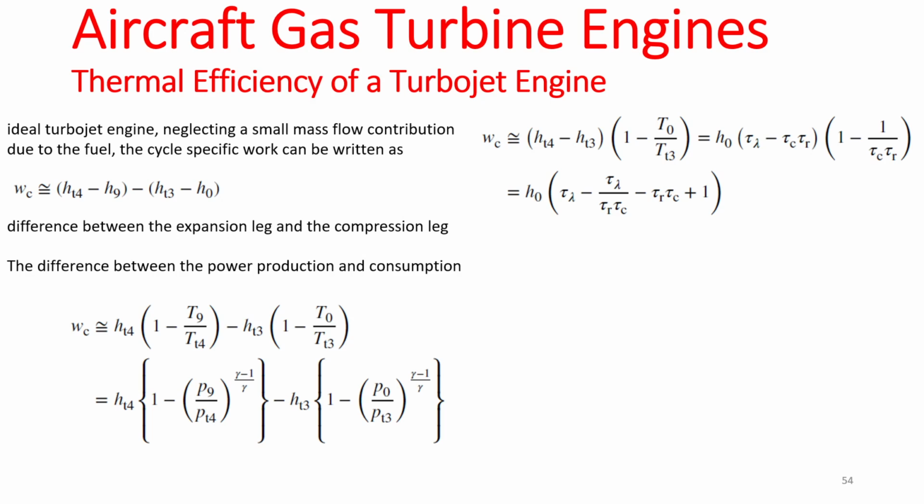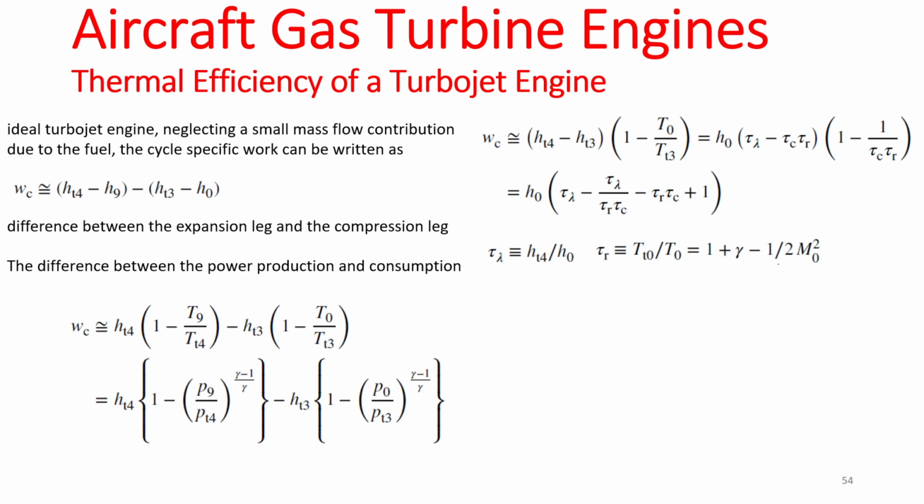Okay, so let's do the simplifications. Eventually, you can find the total work of the turbojet engine using this equation, which relates your work to all of these enthalpies and the temperature ratios. And just a reminder, tau lambda is HT4 over H naught.